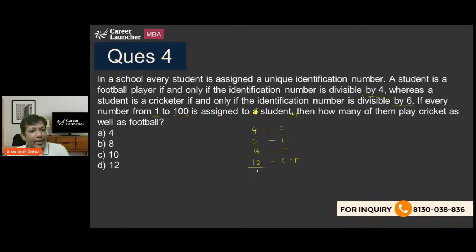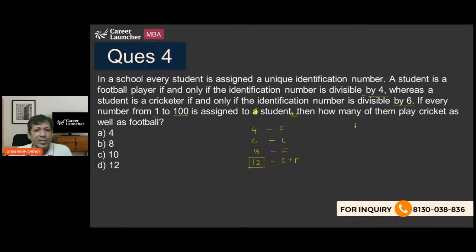So any number that is a multiple of 4 as well as a multiple of 6 plays both sports. That means LCM of 4 and 6, which is 12. So any identification number divisible by 12, the guy holding it must be playing both sports, cricket as well as football.